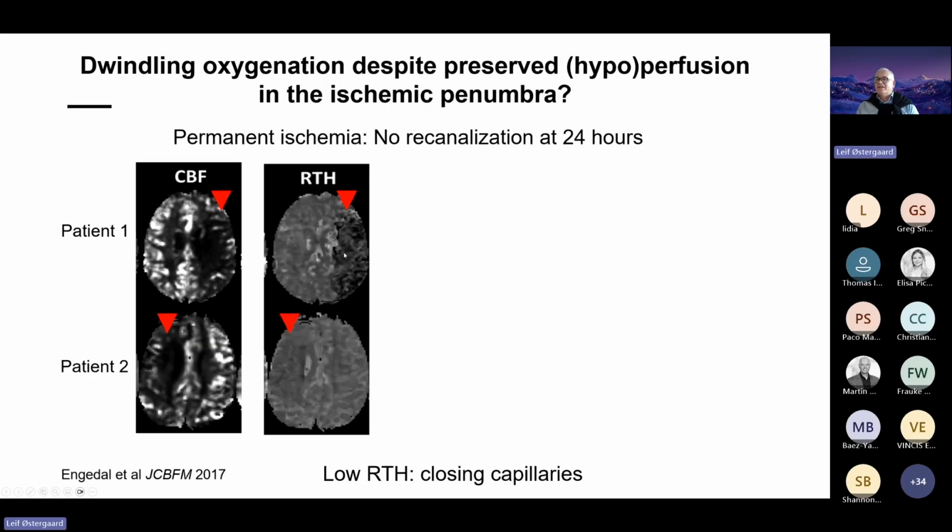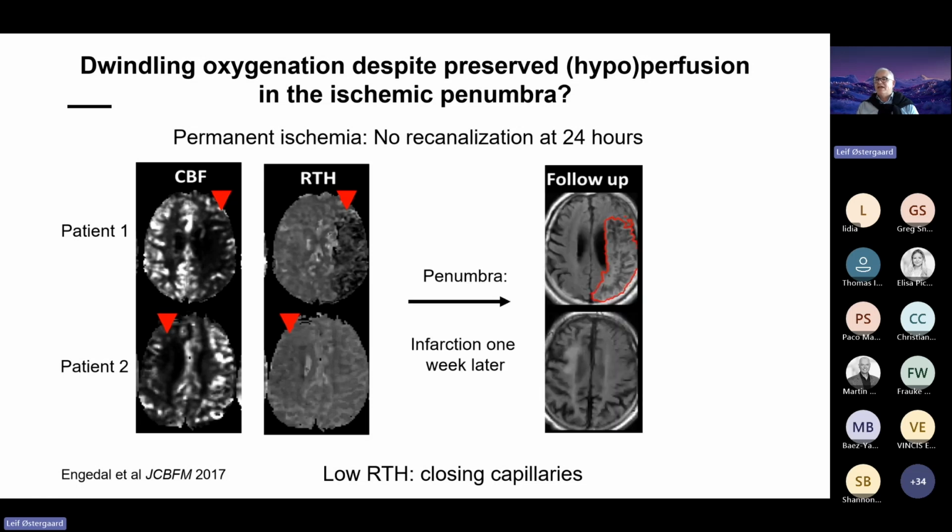We then looked at these patients again later, and you can see how in the topmost patient, there's a huge infarction corresponding to the area of low RTH, whereas the other patient has hardly any, has no lesion at all.